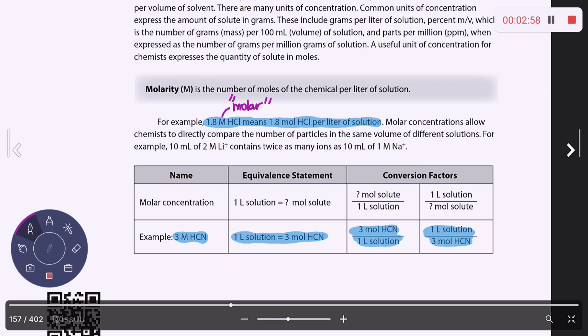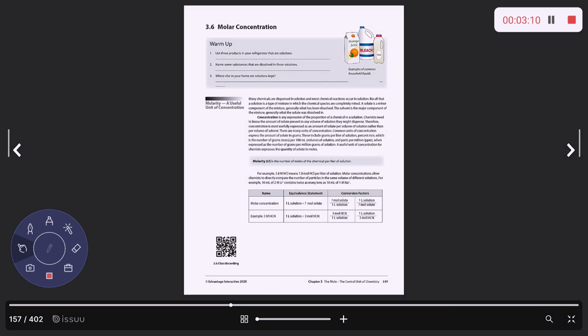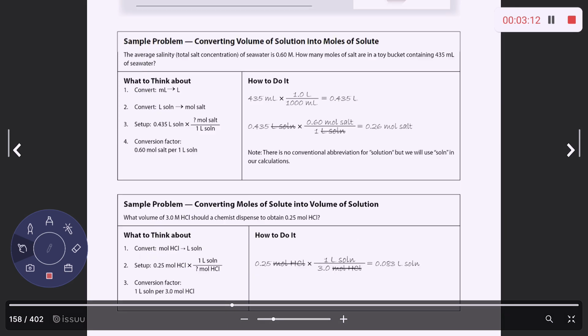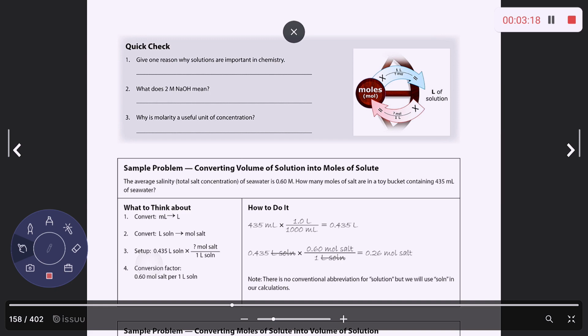Let's turn to the next page, and we're going to do some practice problems. This should be pretty straightforward for you guys. On the next page, they do give you a little diagram of how to convert between moles and liters with what fraction. The molarity triangle does that for you as well.